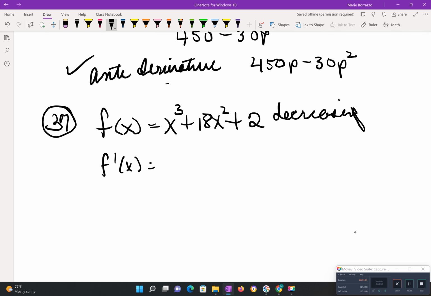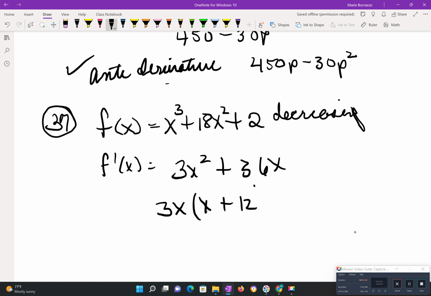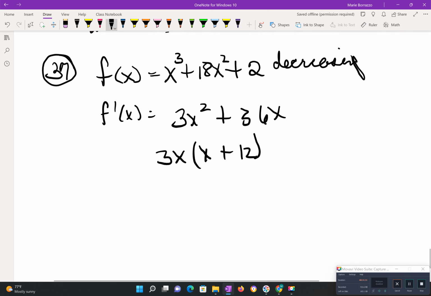In doing so, I got 3x squared plus 36x. And I factored out 3x from both terms, leaving me 3x times (x plus 12). And that gave me 0 and negative 12, which are partition numbers.